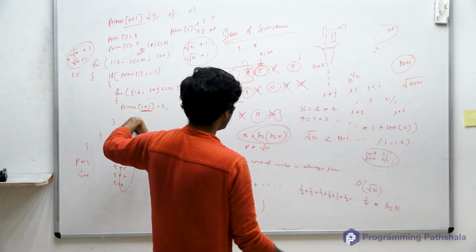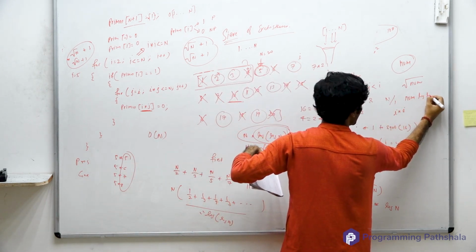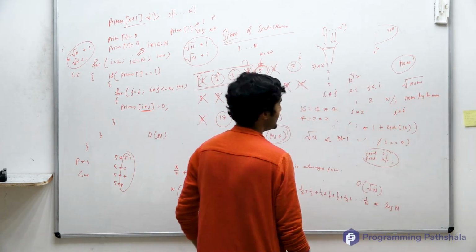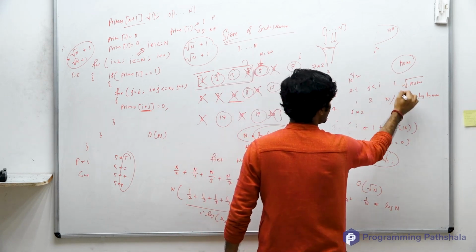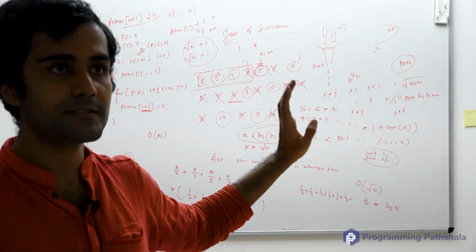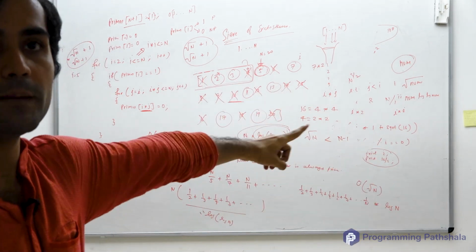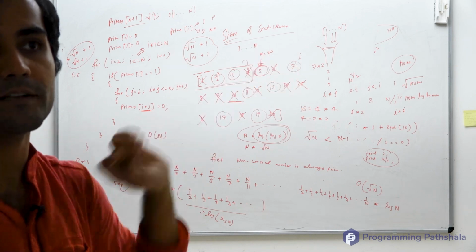But the sieve of Eratosthenes based approach will take num log num, this much amount of time. Which time is smaller, first one or second one? First time is smaller. So if you just have a single query to answer, you will not prefer the sieve approach, you will prefer the normal approach.